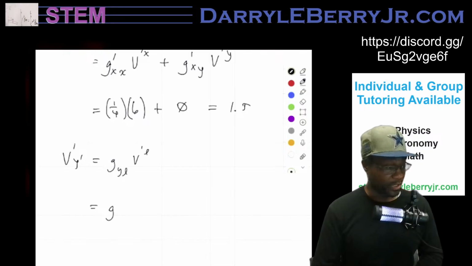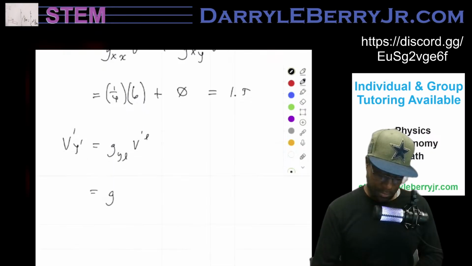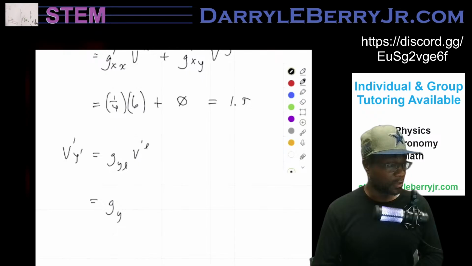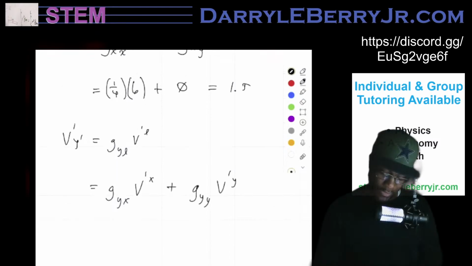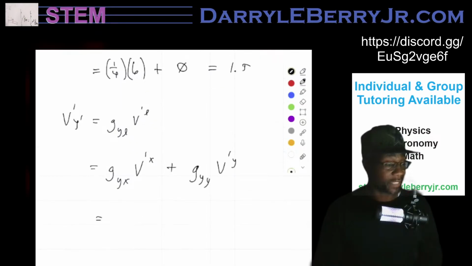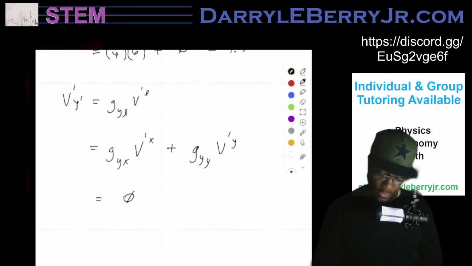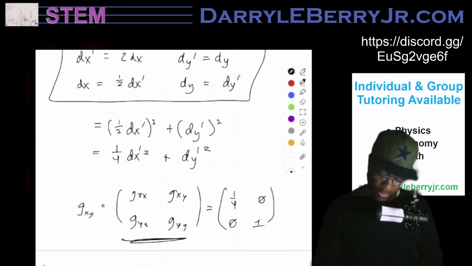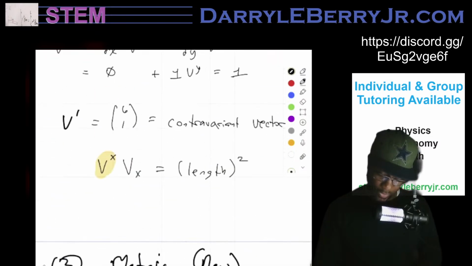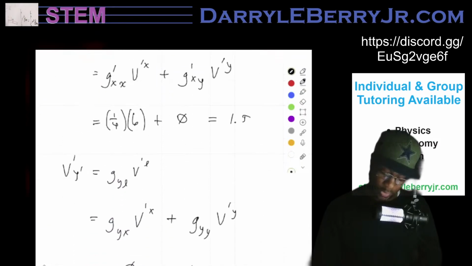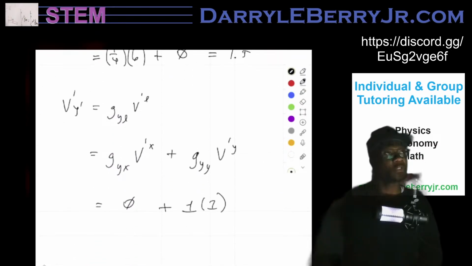So that means I have G, Y, X, and V prime X plus G, Y, Y, V prime Y. We know that that's going to be 0 plus the G in that is 1. We know that the vector was 1 as well. It was 6, 1. So we're going to plug in a 1 there.